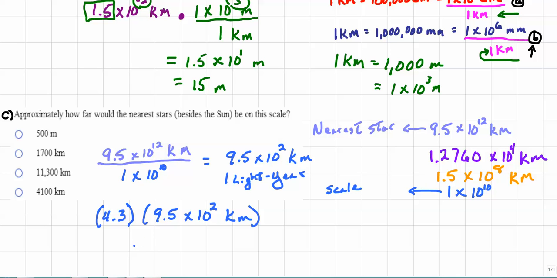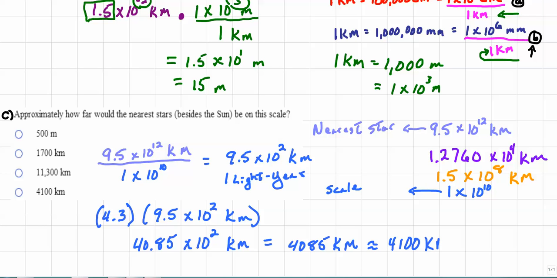And when we multiply this out, we end up with 40.85 times 10 to the 2 kilometers, which will be equal to 4,085 kilometers. And that will round to approximately 4,100 kilometers, which will yield this answer, and we have finished the problem.